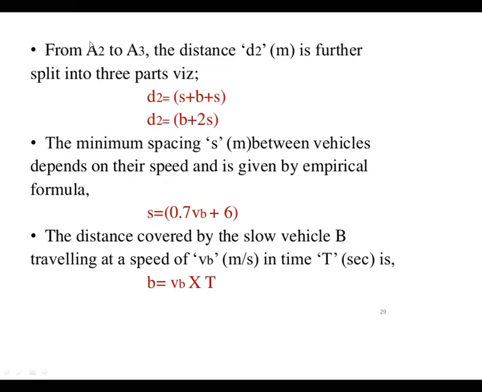So the distance covered by the slow vehicle B traveling at the speed of VB in time t seconds is VB into T.